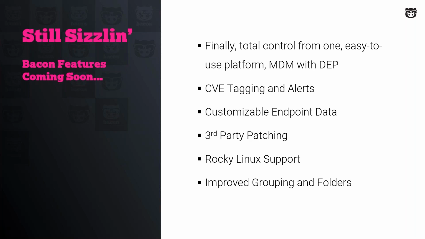So here are some other things we've added or will be adding. Third-party patching, which means being able to reach out into the repositories of common apps like Chrome or Firefox and automatically update machines on a group basis if you want to. Rocky Linux support, since CentOS is going away and Rocky in many cases is replacing it.